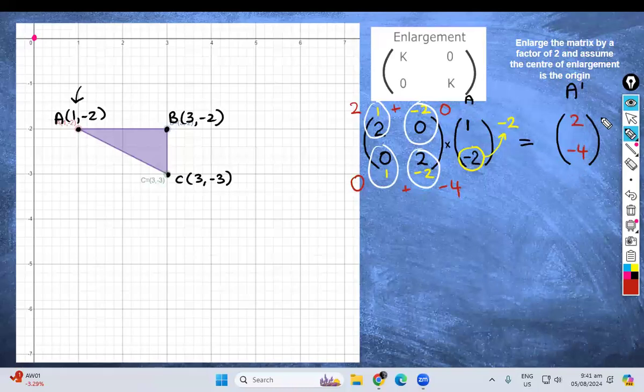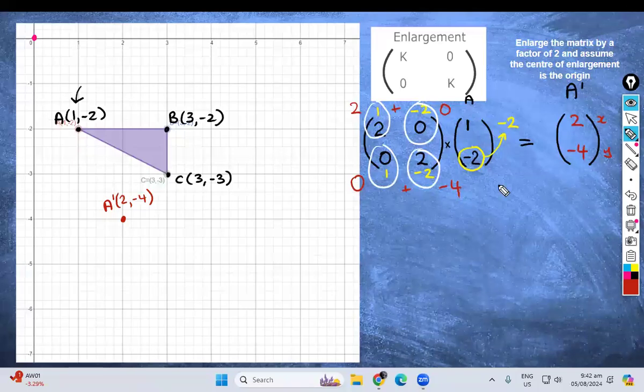So A prime, remember the top is X and the underneath is Y. So I could plot A prime on the graph here. The X coordinate is 2, and we go down to minus 4. This is A prime. Some people notice a pattern here.